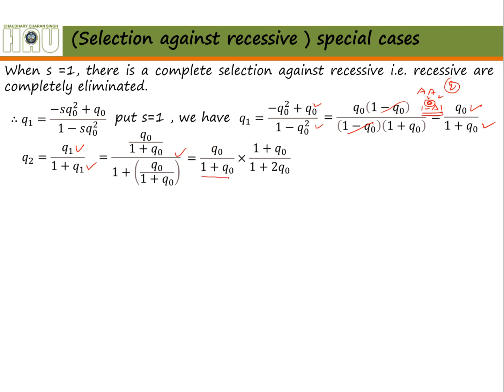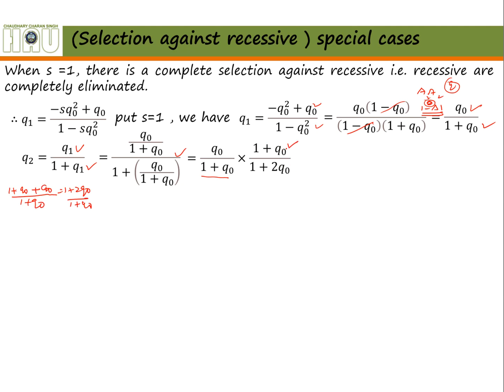And if I simplify it, I will get q0 upon 1 plus q0, and if I simplify the denominator part, what do I get? I will get the LCM as 1 plus q0. So it is 1 plus q0 plus q0, so it becomes 1 plus 2q0 upon 1 plus q0.